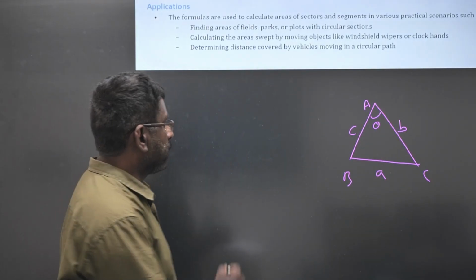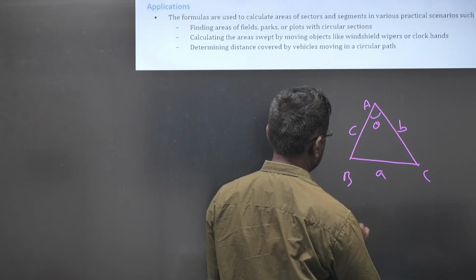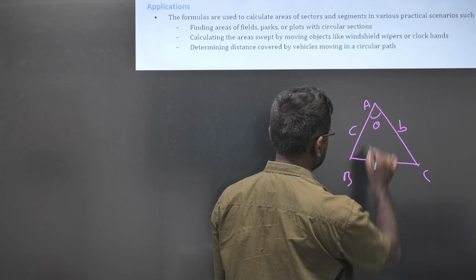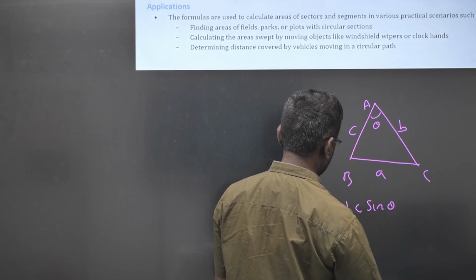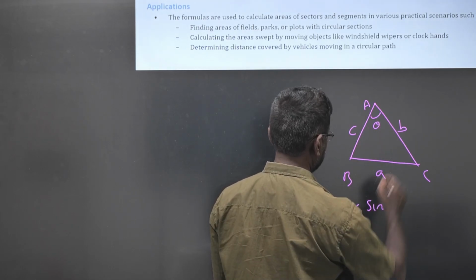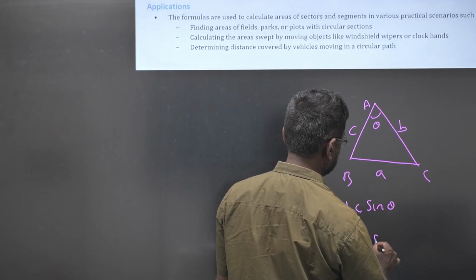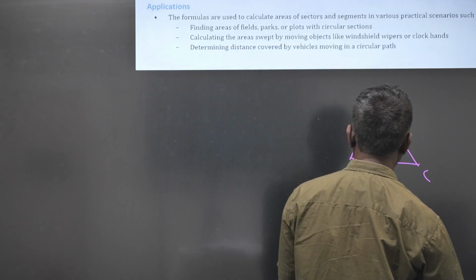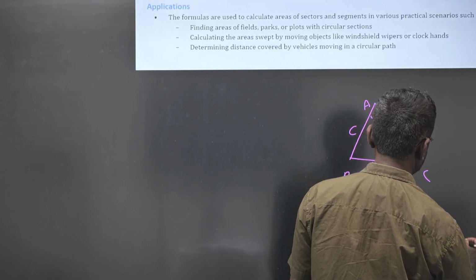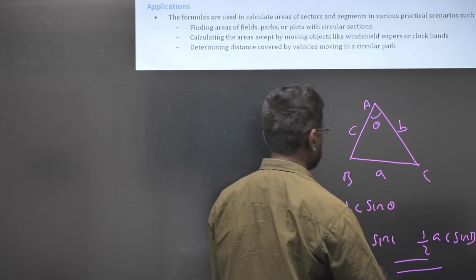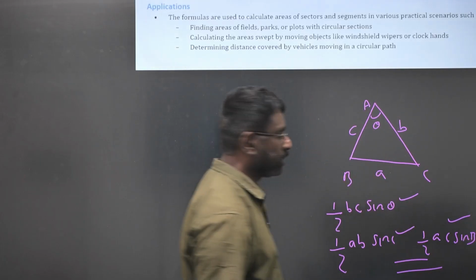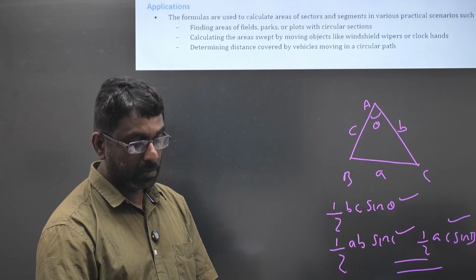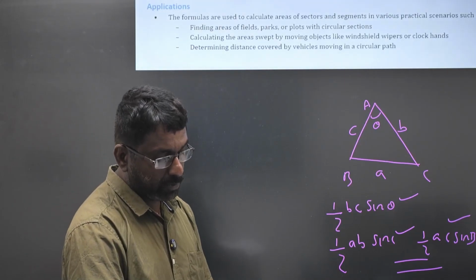Then the area of this triangle is half of BC sin theta, or half of AB sin C, or half of AC sin B. We can use any of these formulas. All of them give the same result. This is a very important formula.